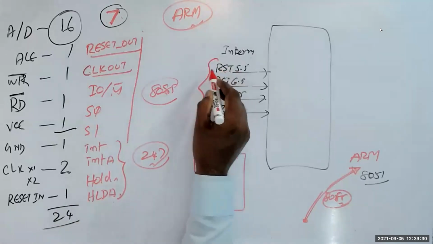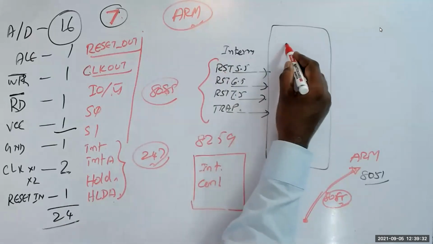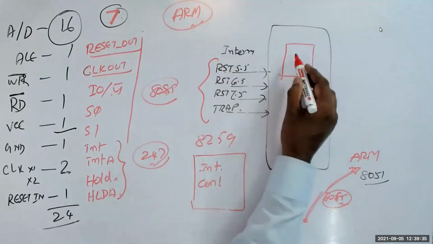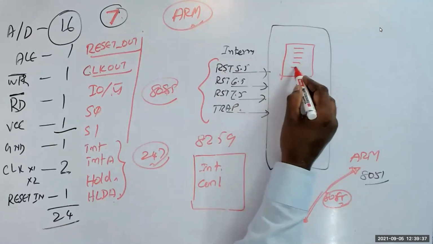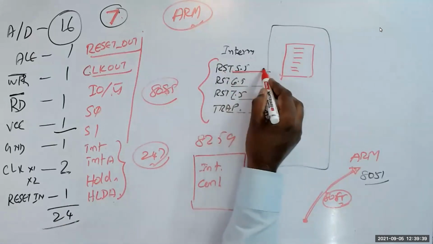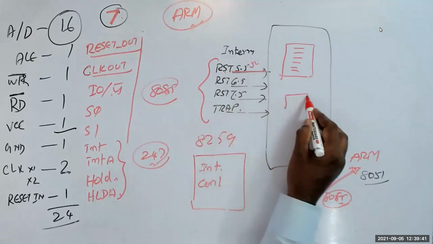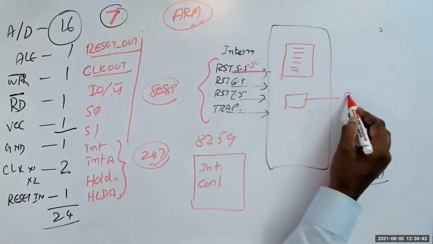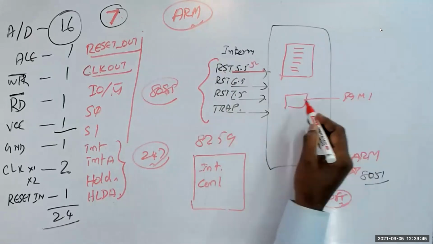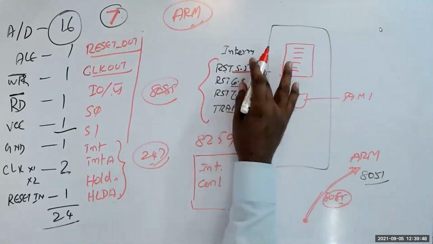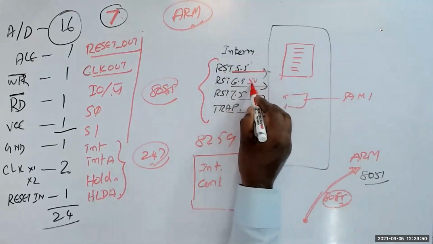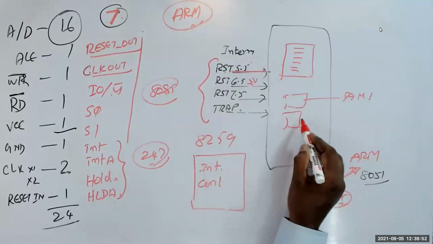See here, when the microprocessor is executing an instruction and this becomes 5 volt, it will go to one program, let's say program 1, and come back. If this gets 5 volt, then it will go to another program.